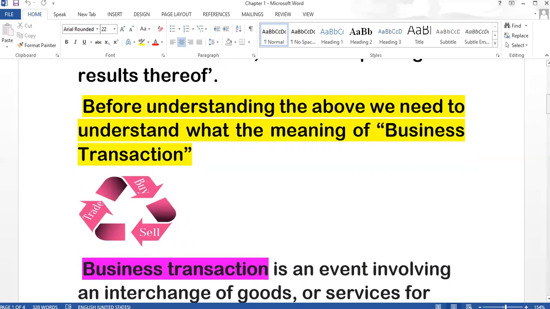And these buying and selling activities are known as business transactions. So, exchange of any goods or even services for money or money's worth is known as business transactions.